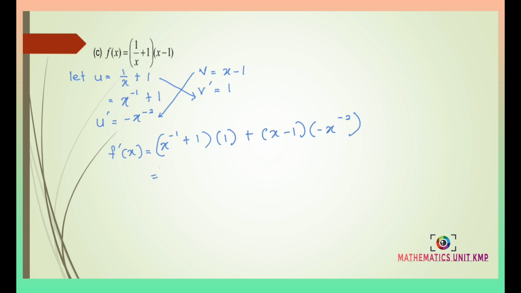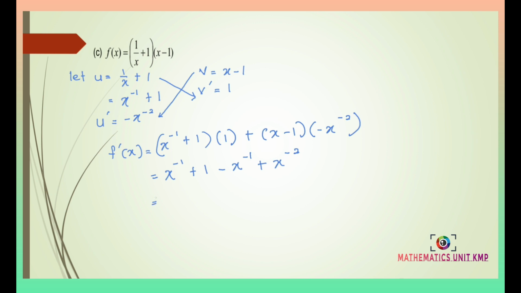After that, we simplify the answer. We get here x power negative 1 plus 1, and here we have negative x power negative 1 plus x power negative 2.